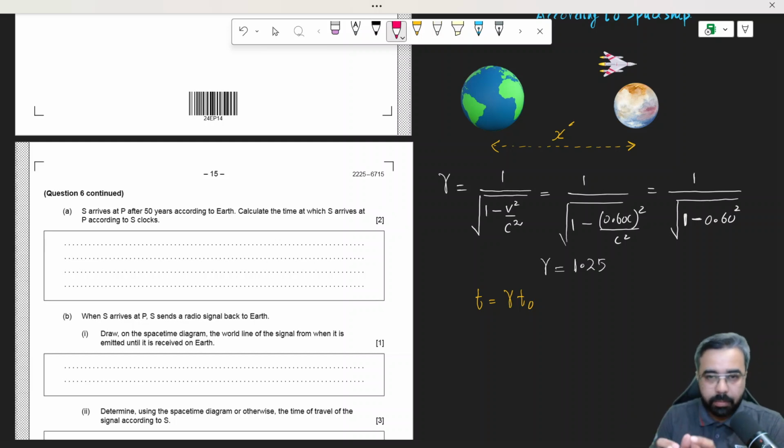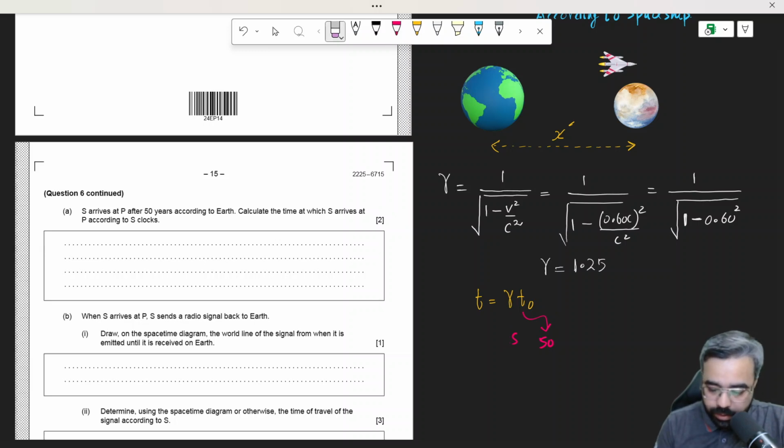Okay, it's a tricky point. It always confuses students, right? So this is 1.25. Imagine if I would say it is 50 years, then 1.25 times 50 will obviously become more than 50 years, which is not possible, because the time should be less than 50 years. So anyway, this t0 is the time measured by the observer in the spaceship.